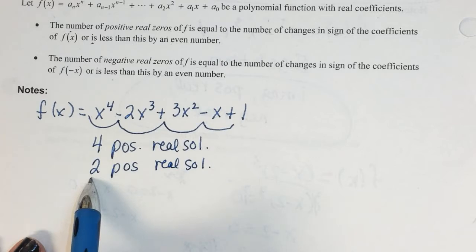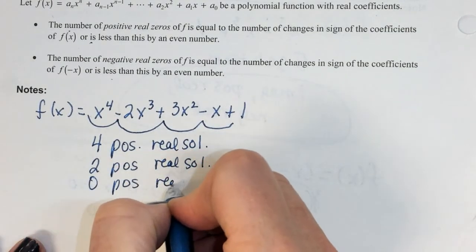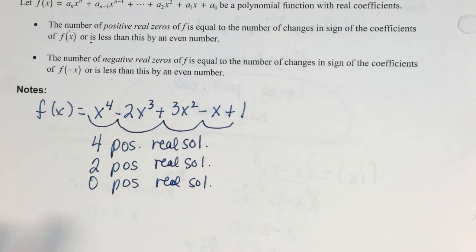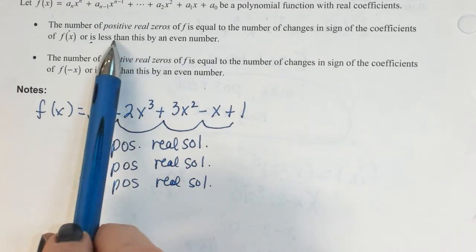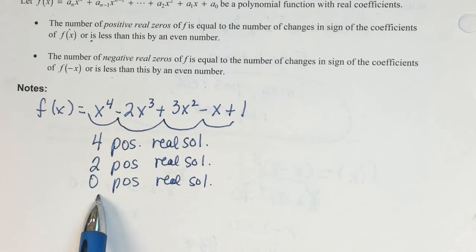Or I could subtract another 2. I might only have 0 positive real solutions. Could we have exactly 3 positive real solutions? No. Descartes' rule of signs says we're either going to have 4, or we're going to have 2, or we're going to have none. One of those has to be true.